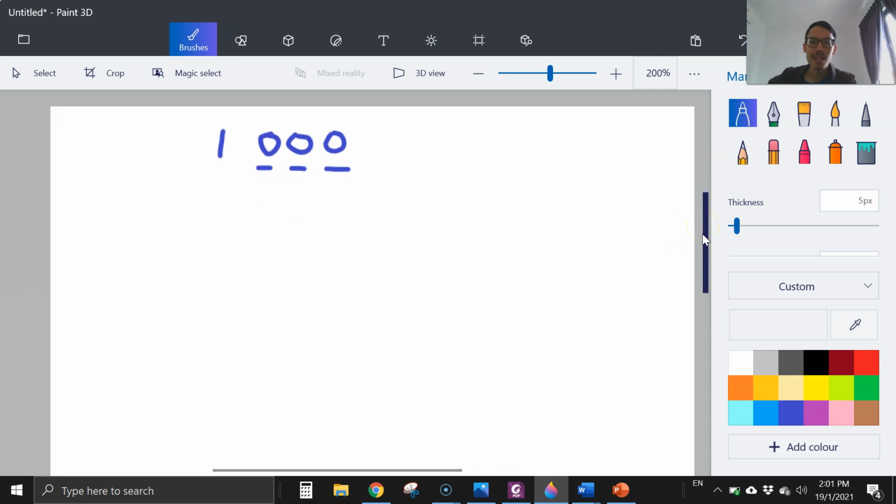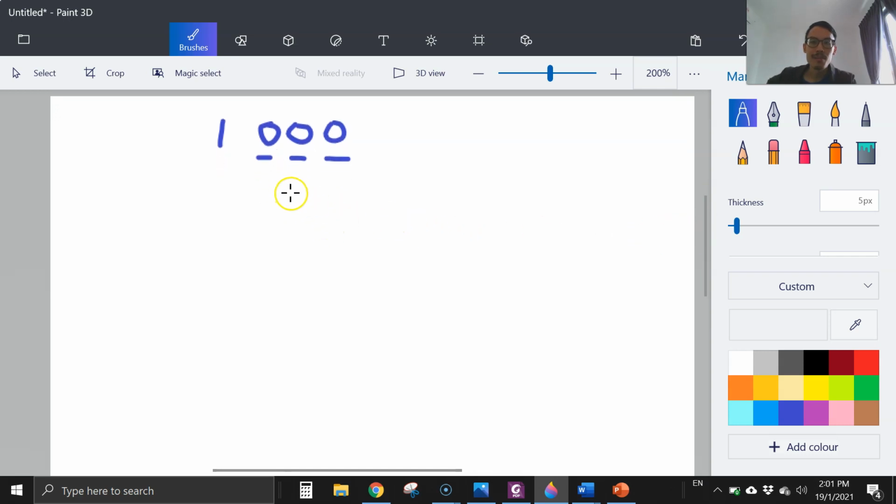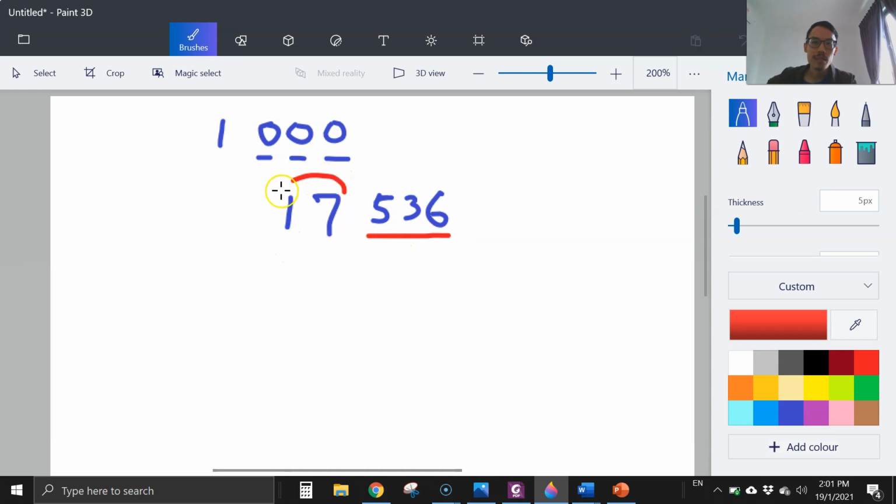Tiga kosong dalam 1000. So for example, I show you this number. Now, how do we read this number? You can see that there are 3 numbers behind here. This one is 1000. So you just have to read this one. This is 17. So this is 17,000.